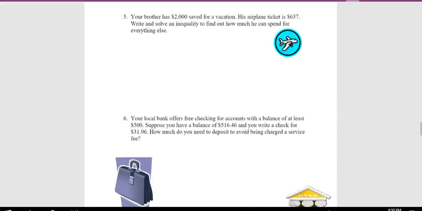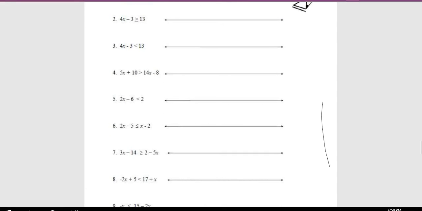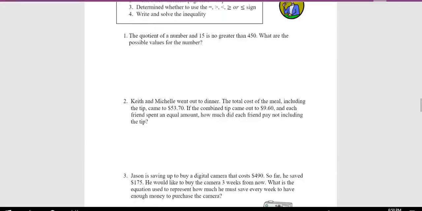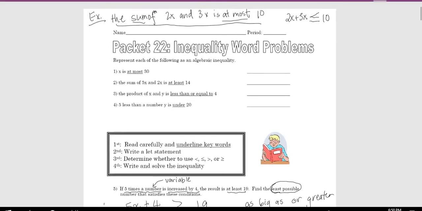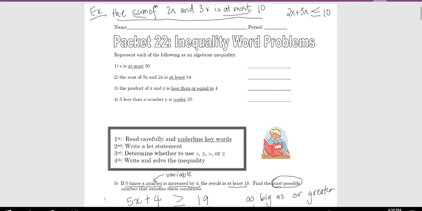And then we'll talk about, hopefully this part will be review, where we're dealing with the number line. But for now, I want you to work on all of the word problems up to page 6. I'll be coming around the room and helping anyone who needs help. So please ask me questions and help each other. And you have the rest of the time to work on this packet. Thank you.